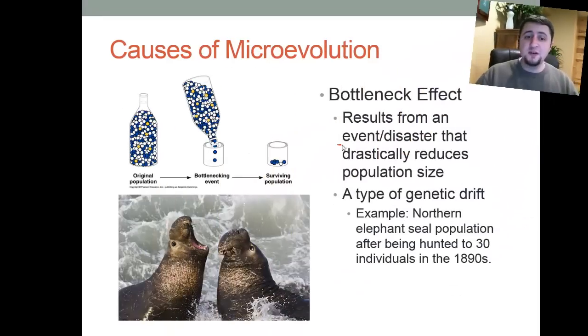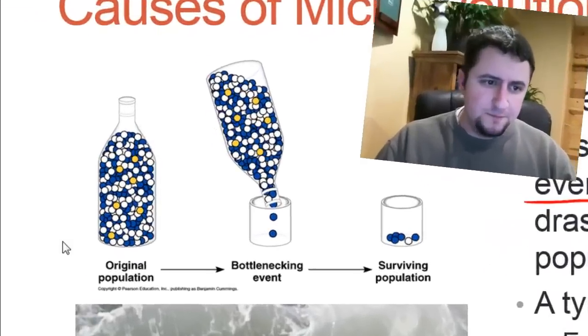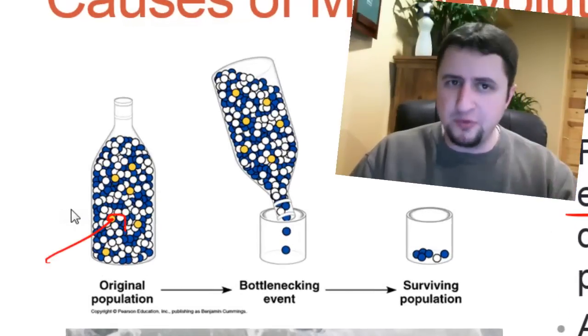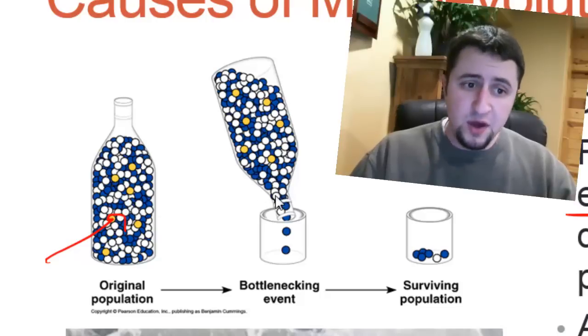The bottleneck effect is where we have some sort of event or disaster that drastically reduces population size. And if we reduce population size, we are also reducing all of the genes and all of the alleles that those individuals had. So let's take a look over here. All of the individual colors within that bottle, let's say that those represent certain alleles.